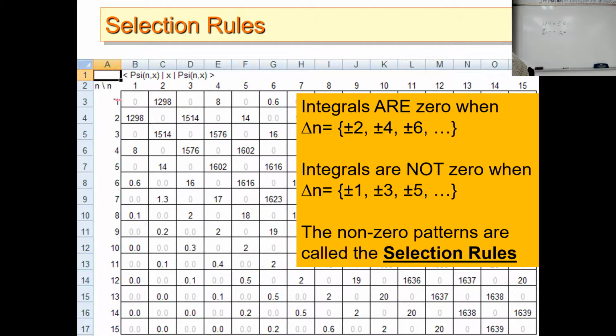If I add 6 to 1, I get 7, and it's 0 too. Trust me, it's behind the little box. And you can see that all the way across the whole table. So this pattern is telling us our selection rules. The integrals that are not 0 are the ones where there's a delta n equals 1, 3, and 5, so all of the odd jumps. And we'll see those patterns.